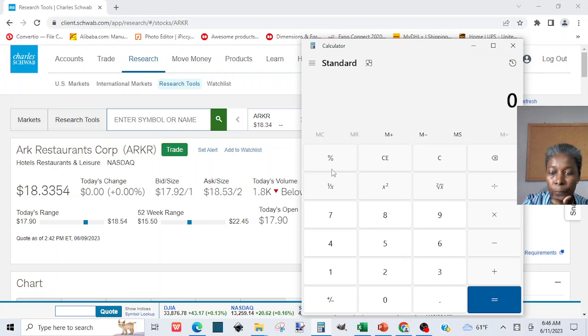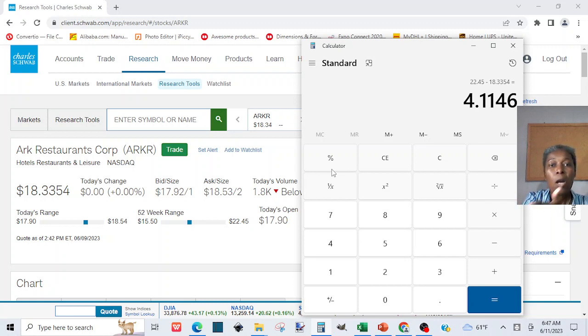But if you are using the classic view, you won't have that. So you can do 18.34 minus 15.50. It's $2.84 away from the 52 weeks low. Then you can do 22.45 minus 18.34, which is 4.11.